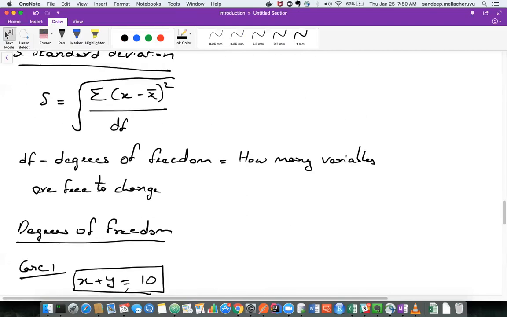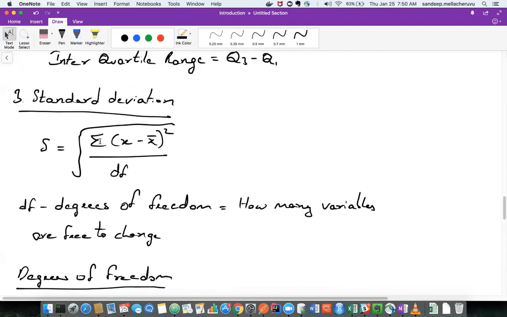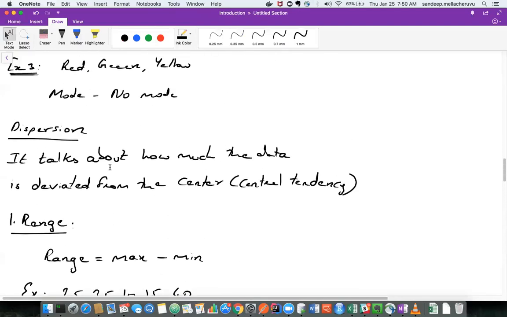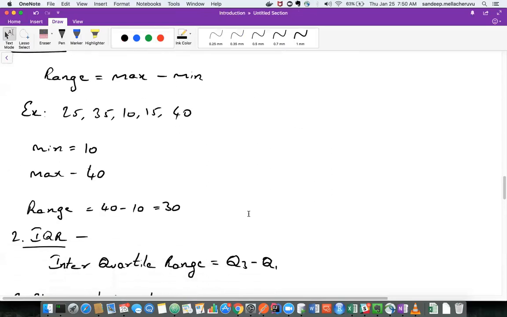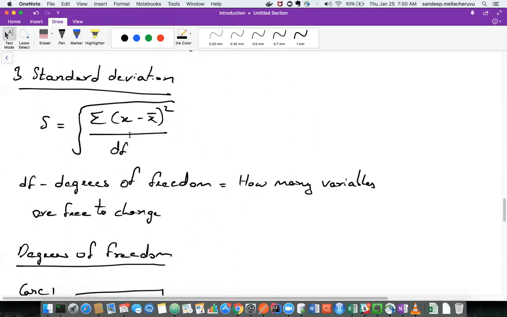Once you get the understanding about the degrees of freedom, then we are free to understand standard deviation more. Now let me go back to my original definition about dispersion. It talks about how much the data is deviated from the center. What is the center? The center is nothing but the central tendency, right? What is the central tendency that we are using here?